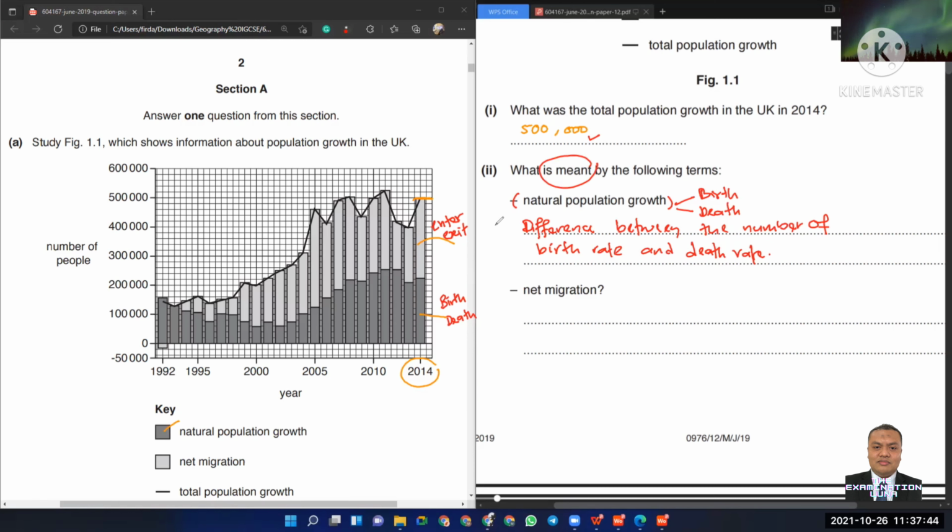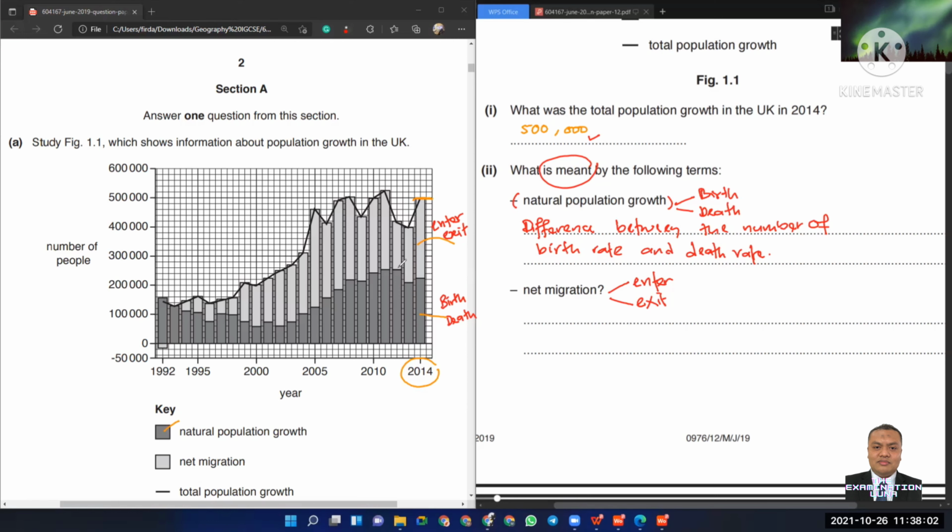And then lepas pula untuk net migration. Net migration you tahu ia adalah berkenaan dengan orang yang masuk ke dalam sesuatu tempat dan juga orang yang keluar daripada sesuatu tempat. Jadi berapa ramai orang yang masuk tempat tu dan berapa ramai orang yang keluar. Okay?